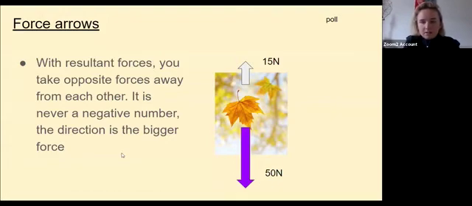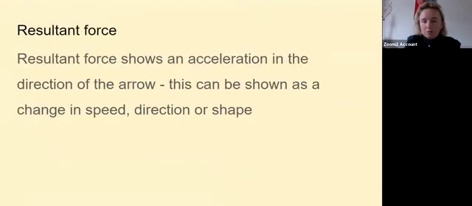Any questions about this, put them in the chat box, and if Mr. Dan thinks they're urgent, he can stop me and I can go through it now, or Mr. Dan will answer them for you. So resultant force shows an acceleration in the direction of the arrow. This can be shown, as we've said, as a change in speed, direction, or shape.